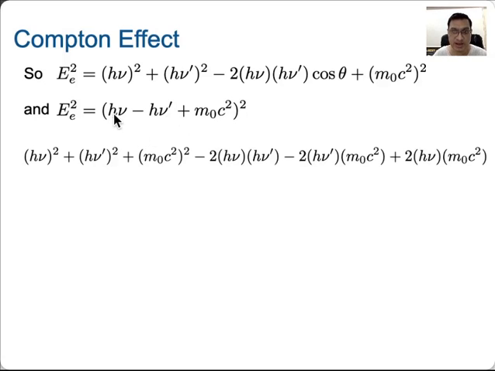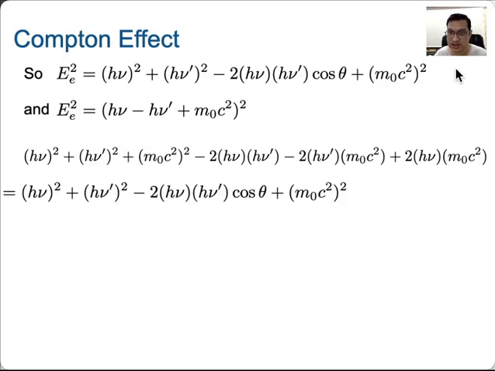So the first term, (hν)², plus (hν′)², plus (m0c²)², plus 2 times hν′, then minus 2 times hν′m0c², then plus 2 times hν m0c². So this is what you have got from this one, and this is what you have got from this one.